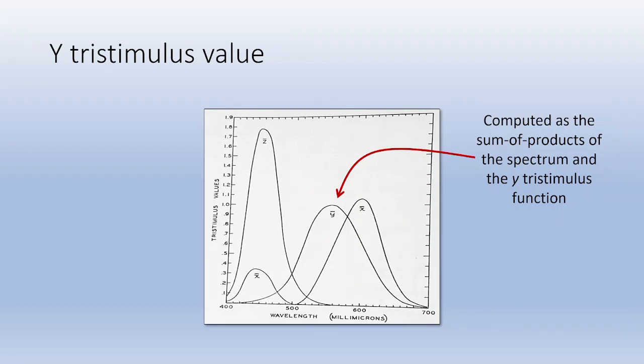The Y bar function, along with the spectrum of whatever it is that we're measuring, are used to compute the capital Y value, which is then used to compute the L star value. You may have noticed that there is a Y over Y sub n. Let me explain that a little bit because it's an interesting thing. Y sub n is used to normalize against the illuminant, in other words, to make sure that white is white.